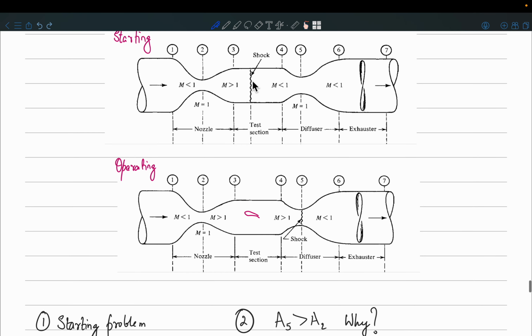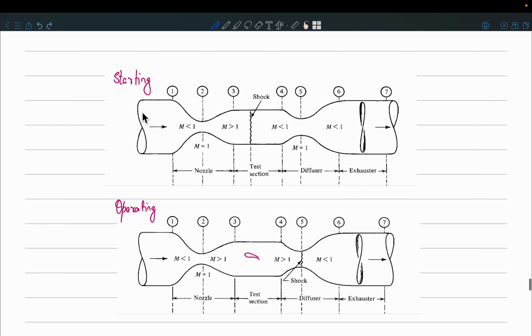Sorry, can you repeat? Yeah, the question is, if you see the structure of this wind tunnel, there is a throat over here, section 2. Okay, this is a throat. This is also a throat.